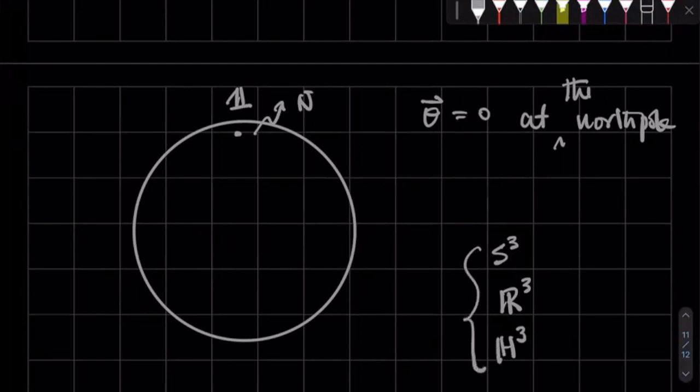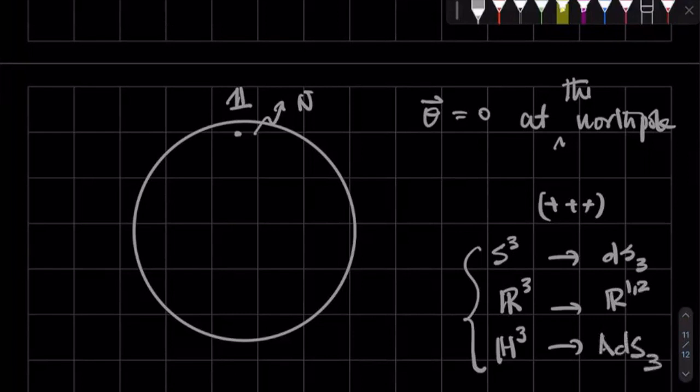These three are called maximally symmetric spaces when the signature is plus, plus, plus. If there's a time component, then S3 becomes a three-dimensional de Sitter space, R3 becomes the three-dimensional Minkowski space, and H3 becomes the three-dimensional anti-de Sitter space.